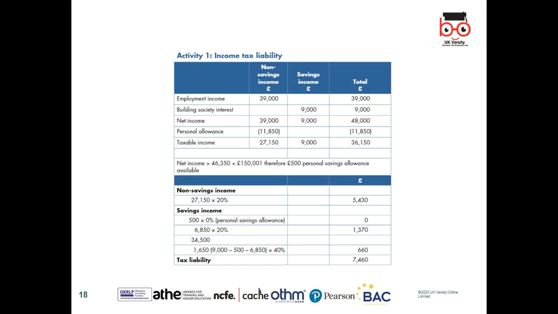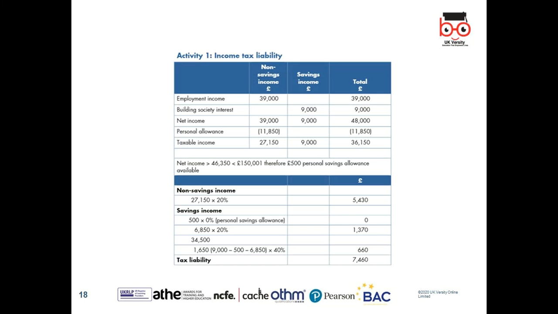Employment income is 27,150, and the savings income from money in the bank is 9,000, so my total income is 36,150 after claiming my personal allowance.